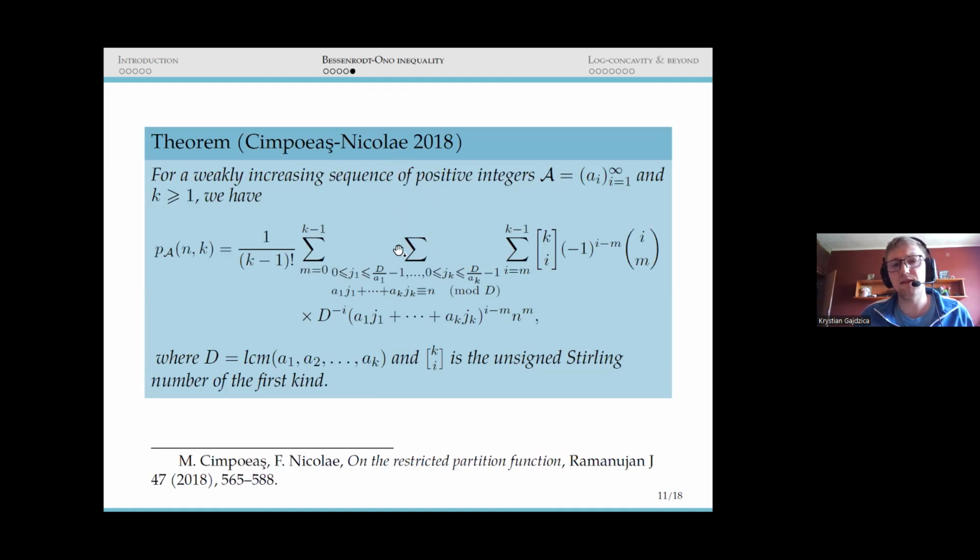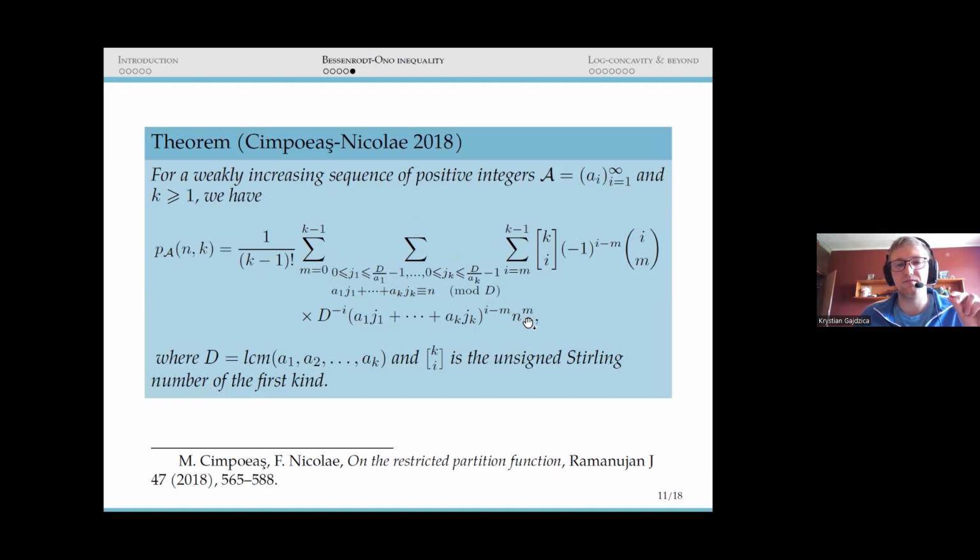However, if we know some properties of the unsigned Stirling numbers of the first kind, then we are able to deduce the appropriate value of the parameter C from the previous slide. So as we see, the idea of the proof is quite easy, but the only problem might be to deal with this expression. Great. So the Bessenrodt-Ono type inequality is the first inequality I wanted to talk about today.